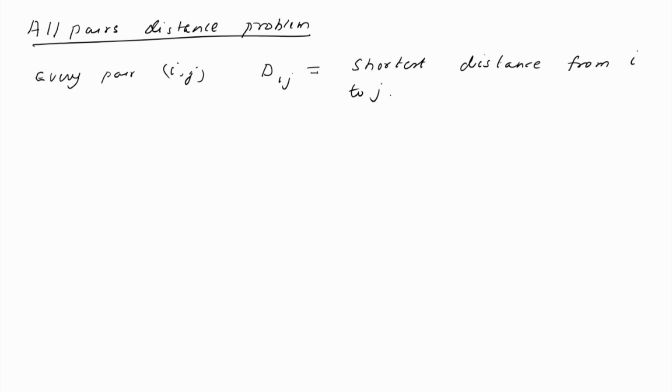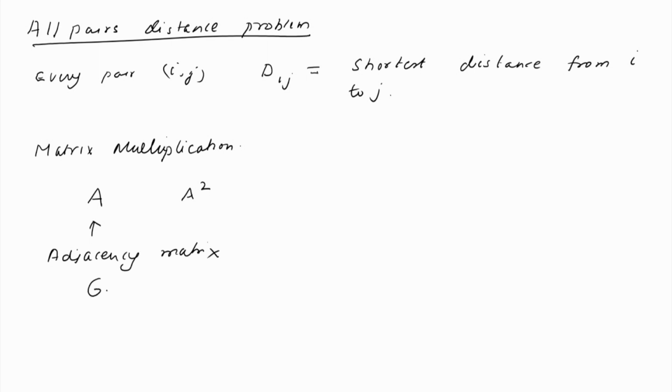This is closely related to the problem of matrix multiplication. If you look at the matrix A and the matrix A square, suppose A is the adjacency matrix of some graph G, then A square is basically the adjacency matrix of a graph G prime, wherein there is an edge between i and j if there is a path between i and j of length 2.